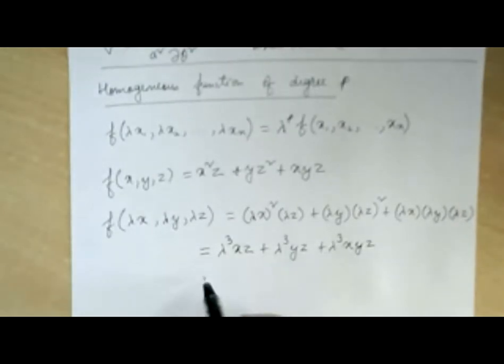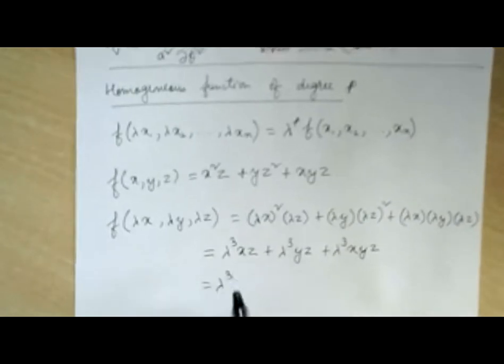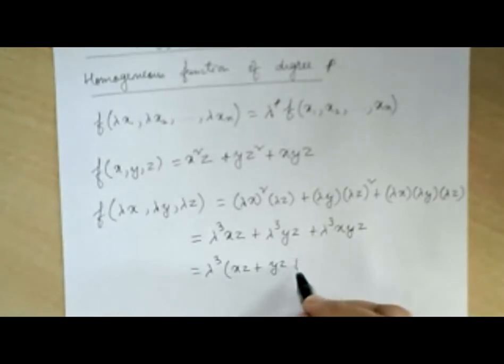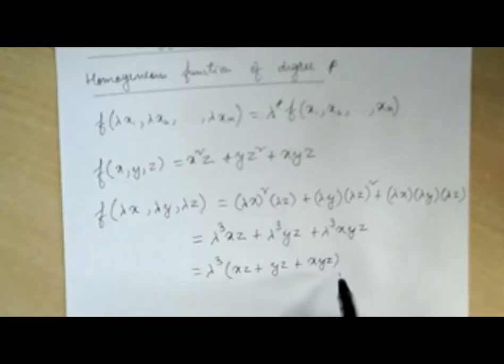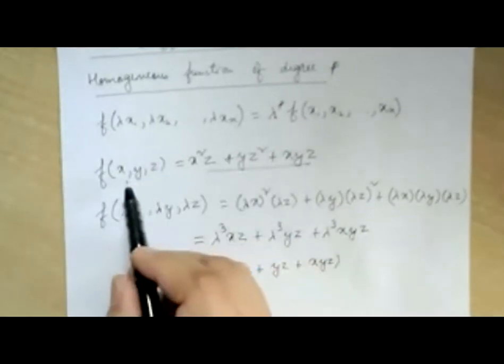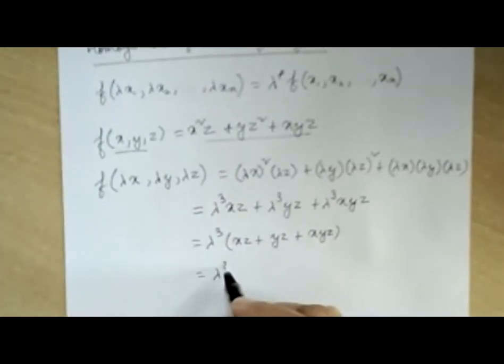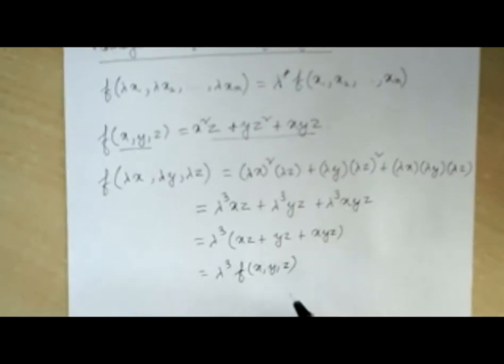Now I can take lambda cube common from this: lambda cube times x z plus y z plus x y z. Now this term inside the bracket is equal to f of x y z. So this is equal to lambda cube f of x y z.